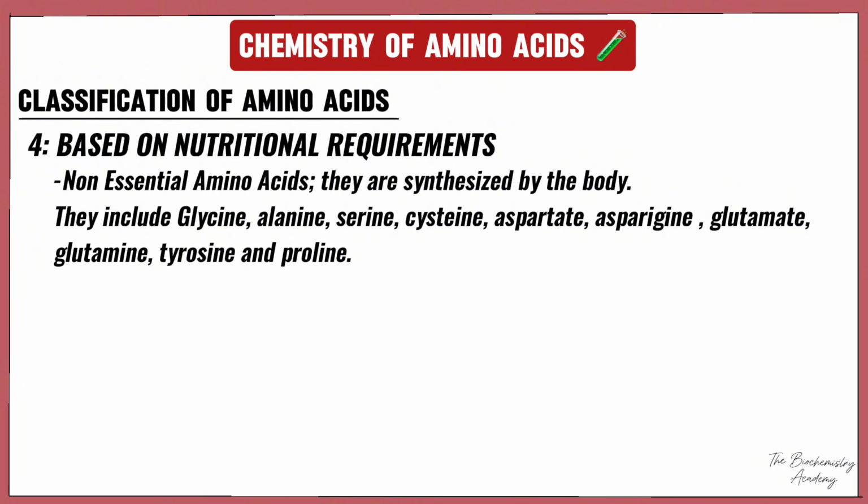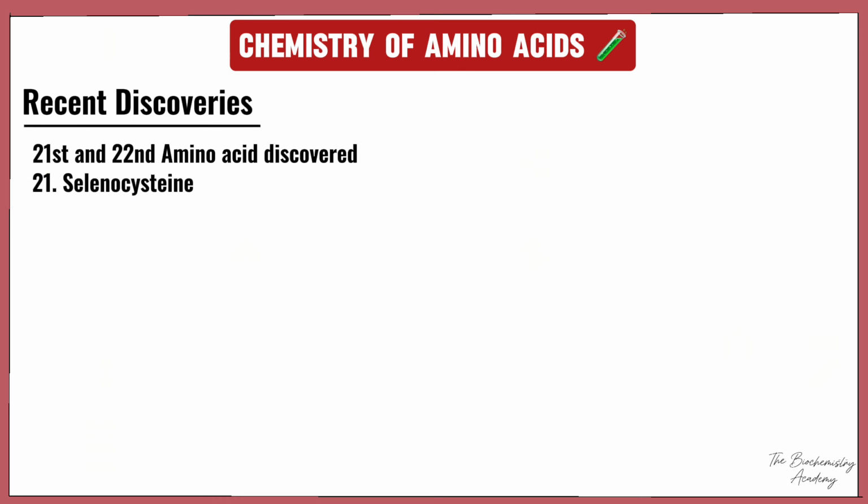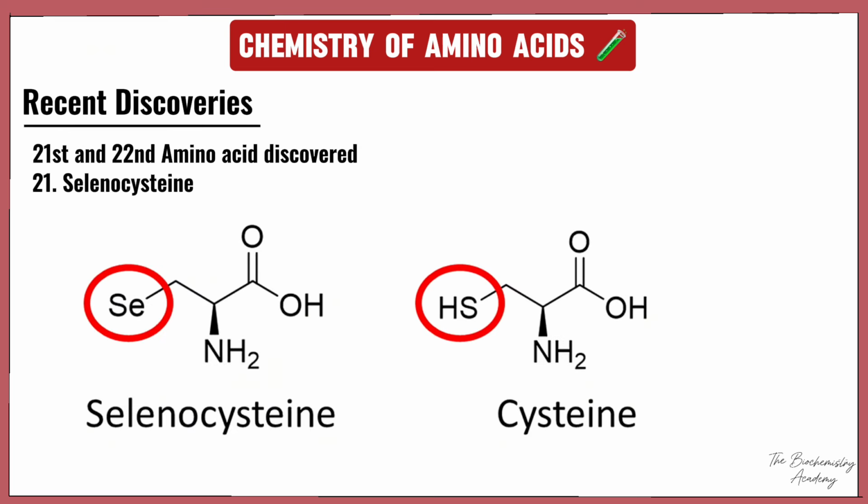In recent discoveries, the 21st and 22nd amino acids were discovered. The 21st amino acid is called selenocysteine. The structure of selenocysteine and cysteine are quite similar. The only difference is that in cysteine, sulfur is present, while in selenocysteine, selenium is present. Selenocysteine is encoded by the codon UGA.